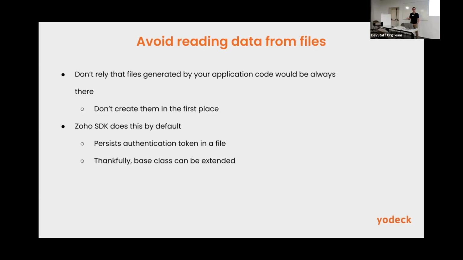So if we scaled our application, multiple authentication tokens would be created, and as we read from their documentation, they would compete on what's the latest authentication token and who has the permission to do what. Thankfully, they provide the base class that you can extend, and we moved also this token to the database.